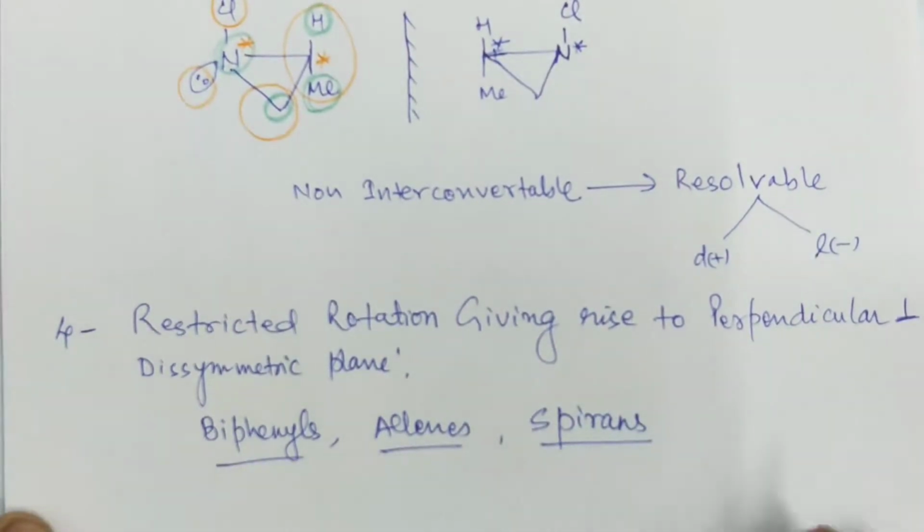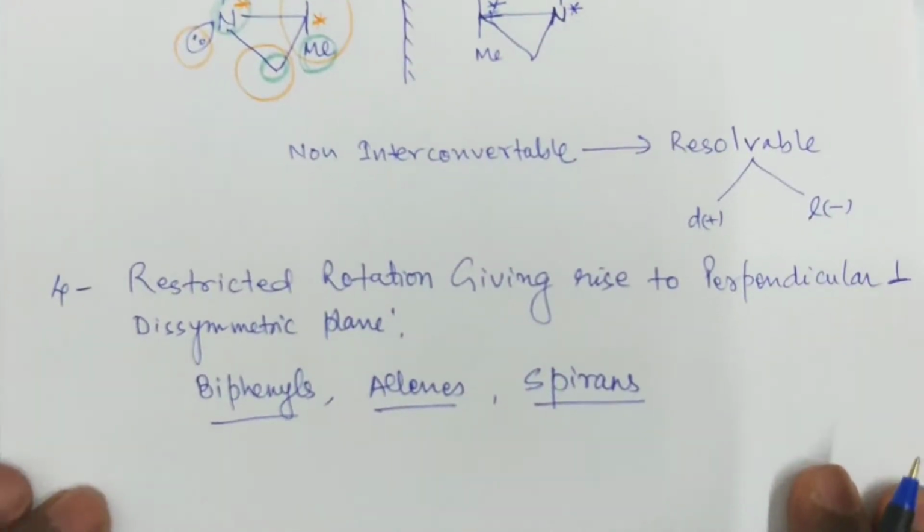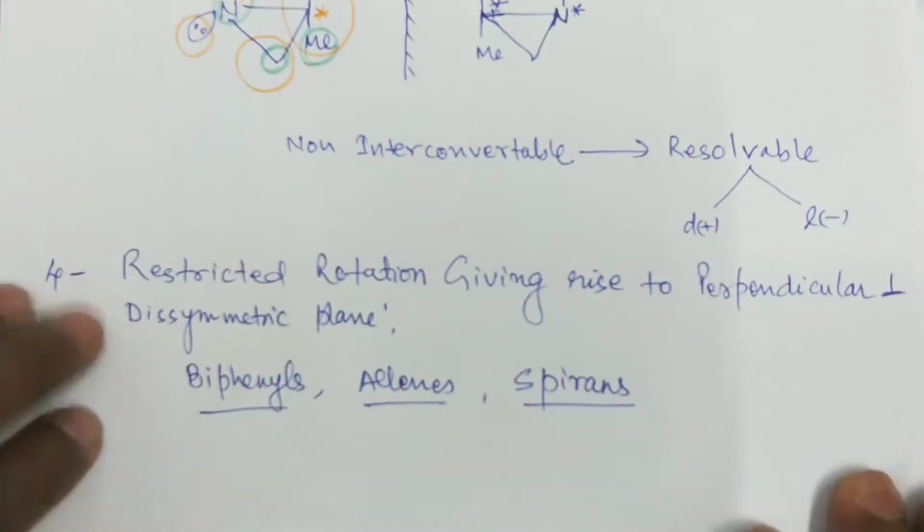So these are very simple. As in geometrical isomerism, I have explained to you that for biphenyls, allenes, and spiranes, where there is planarity, the molecule will go to geometrical isomerism. Where there is non-planarity, the molecule will go to optical isomerism.